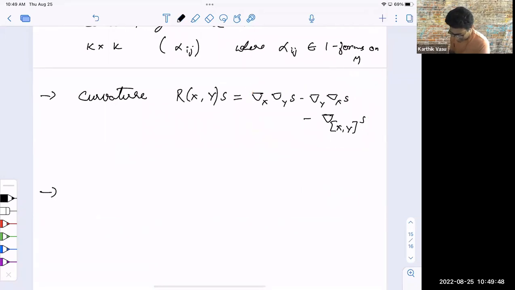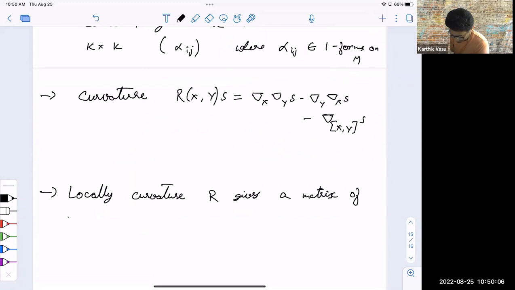Again, locally, curvature R gives a matrix of K by K forms, omega ij, let's call it.